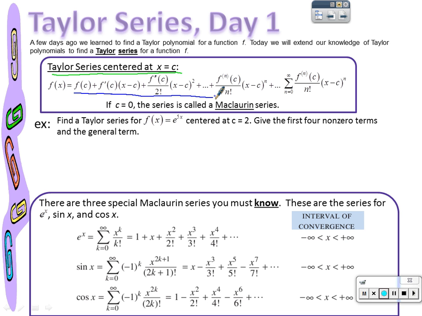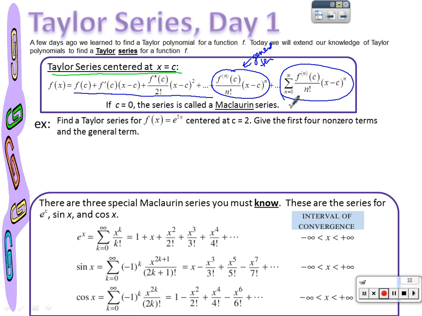The additional piece that we have here is, first of all, this part is called the general term. So that's the general term. And then in some cases they'll write the summation part with the sigma notation.